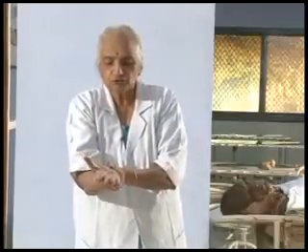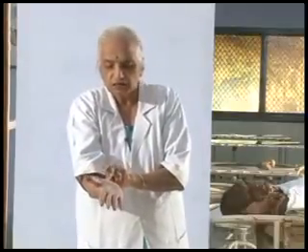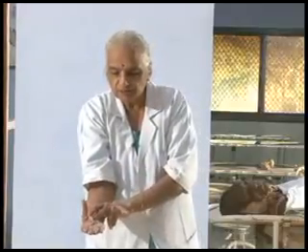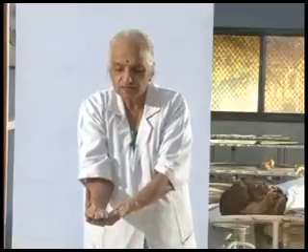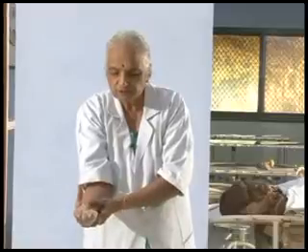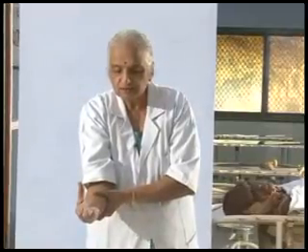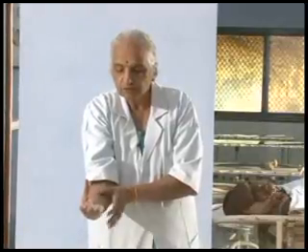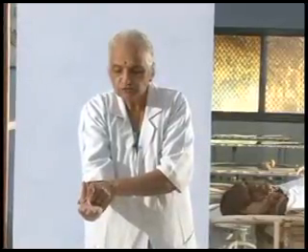Now, a very important joint is the first carpometacarpal joint. For this, the hand is placed flat on the table, the thumb is raised, and this is the movement of abduction, done by abductor pollicis brevis.